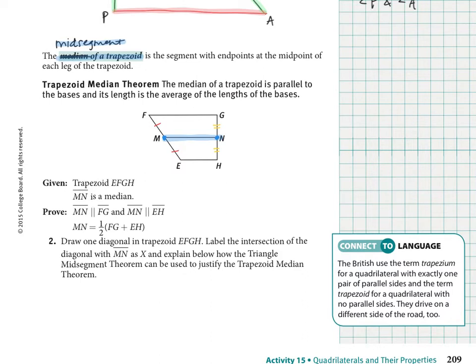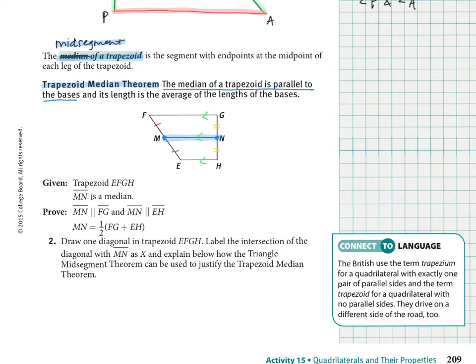So the next part that we look at, let's try highlighter, really goes through what the trapezoid median theorem is. That is going to be the median of a trapezoid being parallel to the bases. So we already know that these two are parallel to each other. We're also going to say that our mid-segment is parallel to them, so I'm going to go ahead and label those parallel arrows.